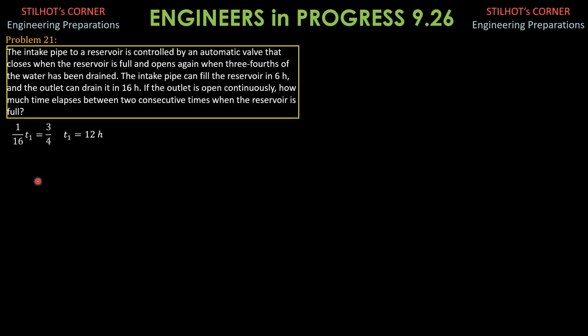For the second situation, we start from the reservoir with only one-fourth of its content remaining. Both the intake and outlet pipe are open, so the work done by the intake pipe would be its rate, which is 1 over 6 times T2, plus the rate of the outlet pipe, which is not contributing to the content but rather removing the content, so its rate is negative 1 over 16 times also T2 because both are open.